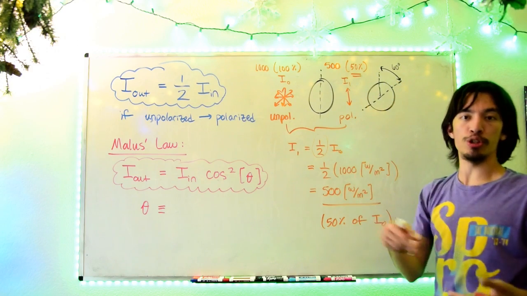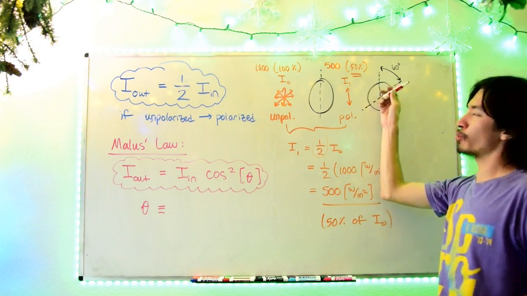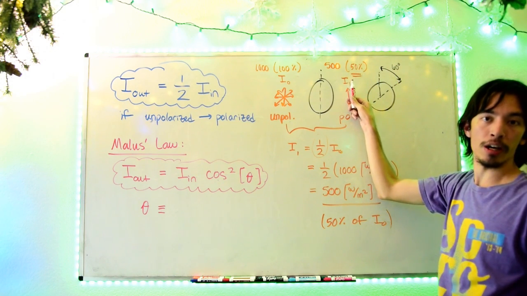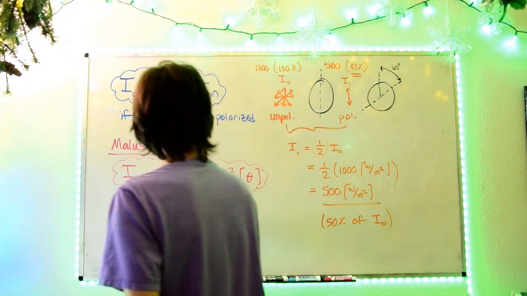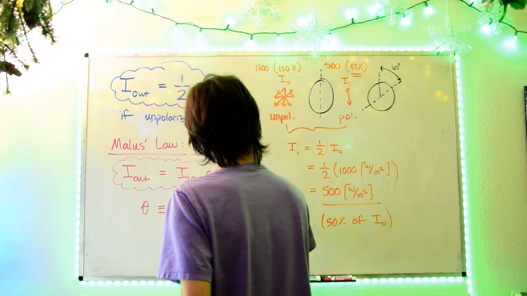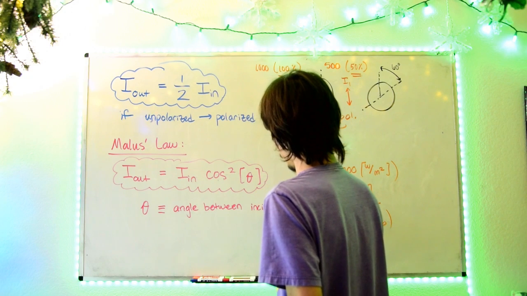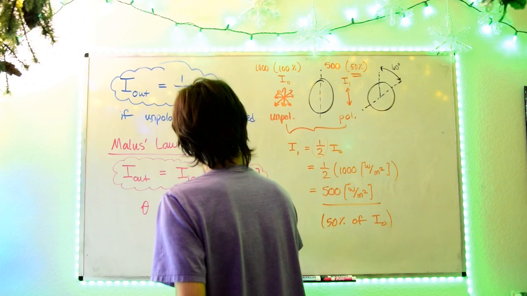So we actually do use the 60 here. But you should always remember that it's the angle between the transmission axis and the orientation or the polarization of your incoming light. So angle between incident light polarization.